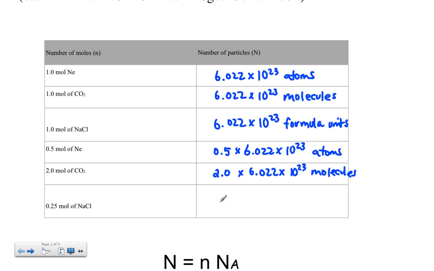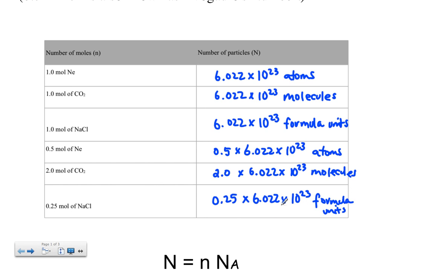And if I have 0.25 of a mole, that means that to find the number of particles that I'm dealing with, I have basically a quarter of Avogadro's number, which is 6.022 times 10 to the 23. So I multiply 0.25 by Avogadro's number. And again, because this is an ionic compound, when I'm counting it, it's going to be formula units.